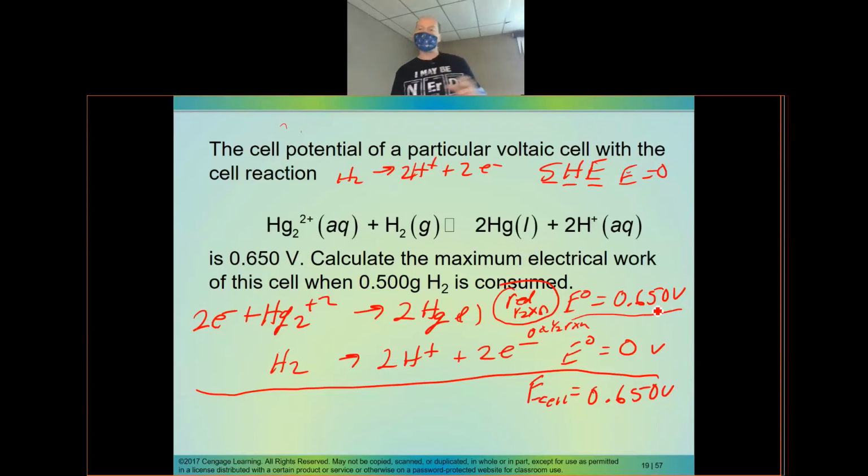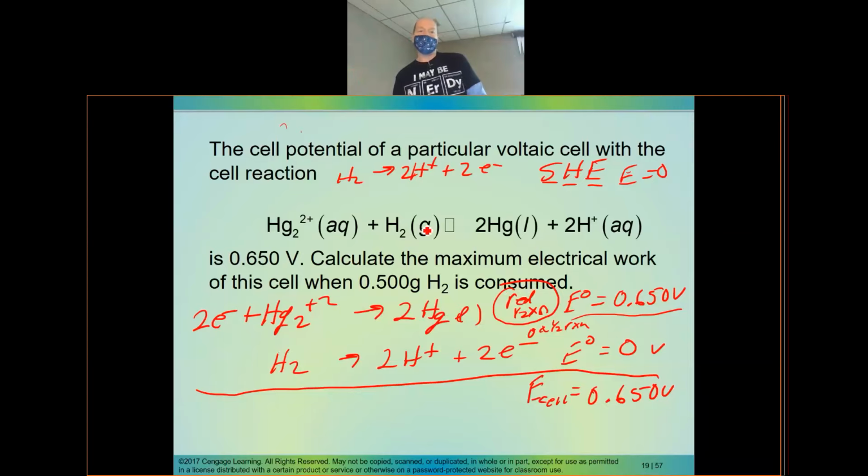The amount is not going to change your potential. The voltage is the same. Multiply it by 2, voltage is the same. Multiply it by 5, voltage is the same. Never multiply your electrical potential when you are multiplying through your reaction. The voltage is the same as it was on the chart. That is never multiplied by any number.